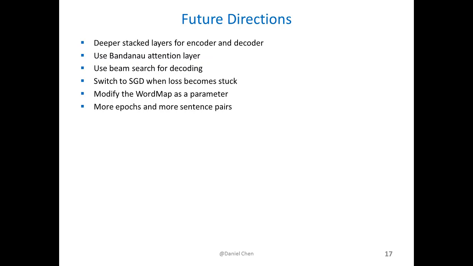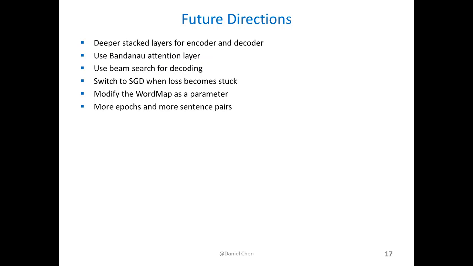They talked about a Bahdanau attention layer, but essentially this doesn't have any real context. So if we had this layer, it'd be super useful. In addition to that, beam search to be more useful in the full sentence. Switching to SGD when the loss becomes stuck, because Adam's not great in certain cases.